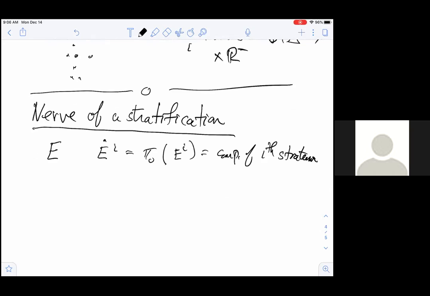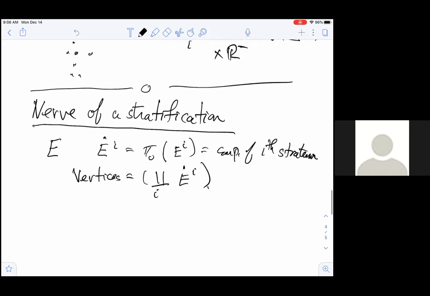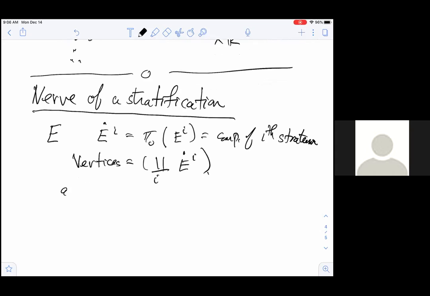Okay, and then the vertices, I'm going to define a simplicial complex. The set of vertices of the simplicial complex is simply the disjoint union over i of the components of E_i. And it's a simplicial complex, so a simplex will be determined by vertices.